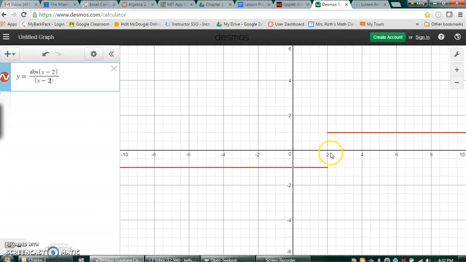X can never be 2, okay? So think about the guy walking along the path to the party, okay? If you're coming from the left, your limit is negative 1. If you're coming from the right, your limit is positive 1. Those do not meet. If you are heading to the party from those directions, you are not getting to the same party. So the limit does not exist.